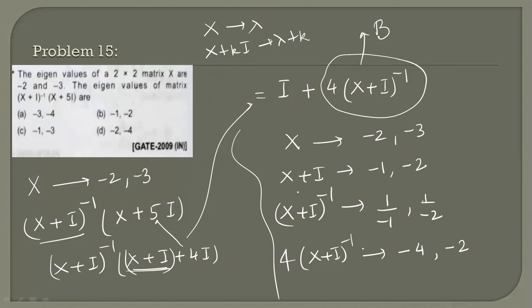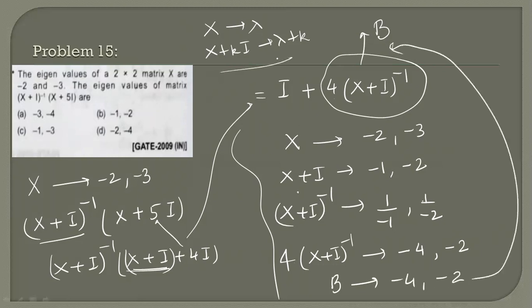Now, you know the eigenvalues of B matrix: minus 4, minus 2. Now use this result again. We are interested in the eigenvalues of the I plus B matrix. You know that if B has eigenvalue lambda, then the eigenvalue of B plus kI will be lambda plus k.